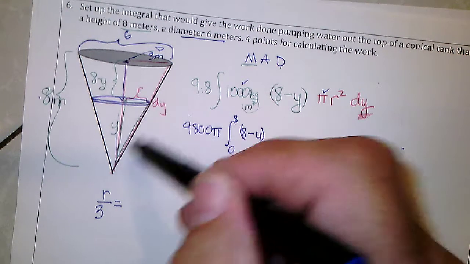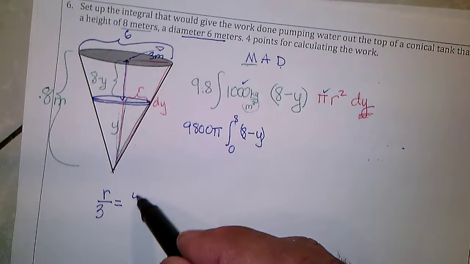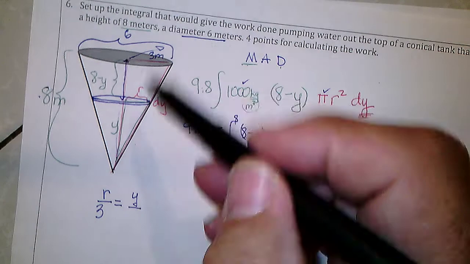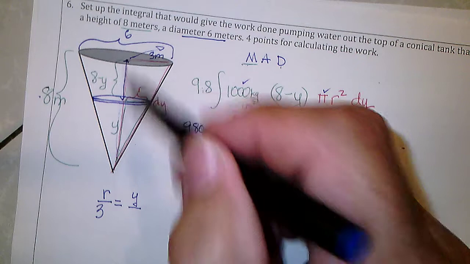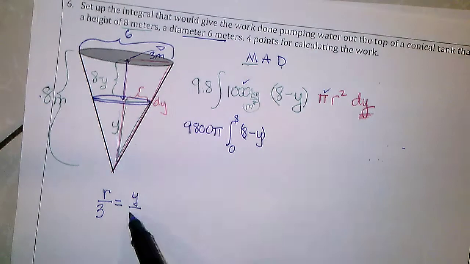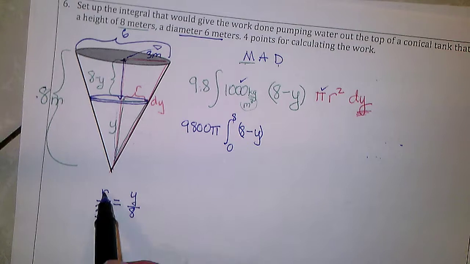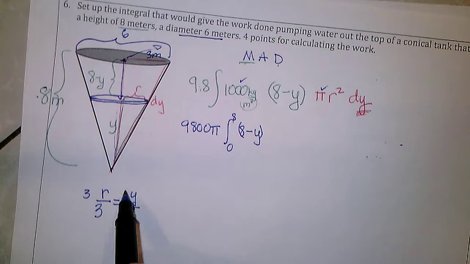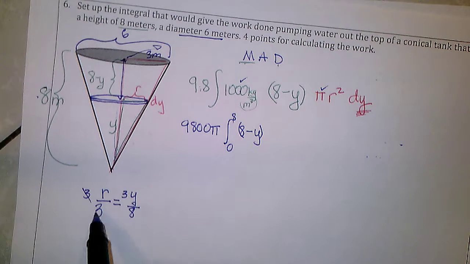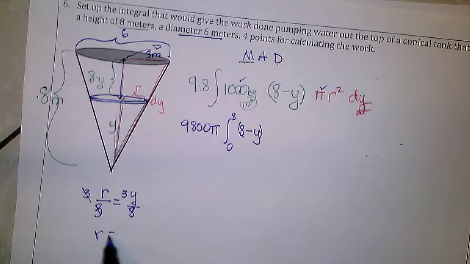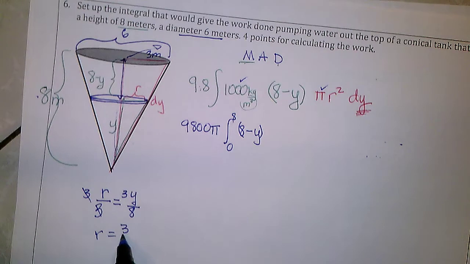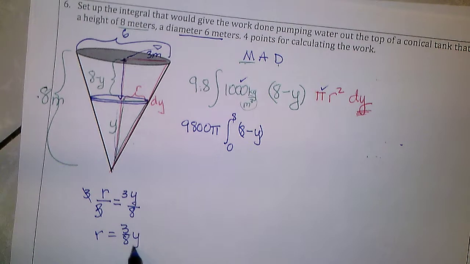This was the small triangle, so that would be y is to this length in the other one, which is 8. So solving for r, I'd multiply both sides by 3. And r would equal 3/8 y.